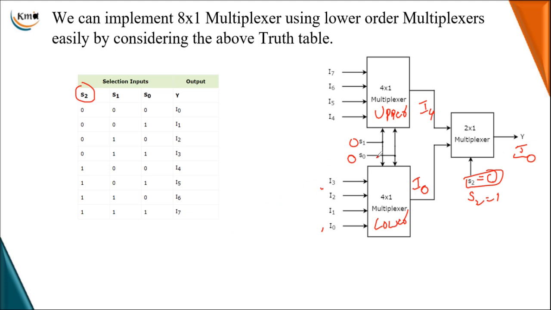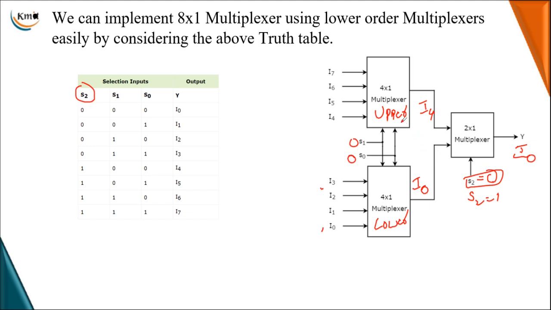In the same manner, if S2 is 1 and S1 and S0 are 0, 0, it will not transfer I0, it will transfer I4. Since S2 is 1, the 2 by 1 multiplexer in the second level selects the second input, which comes from the upper 4 by 1 multiplexer.